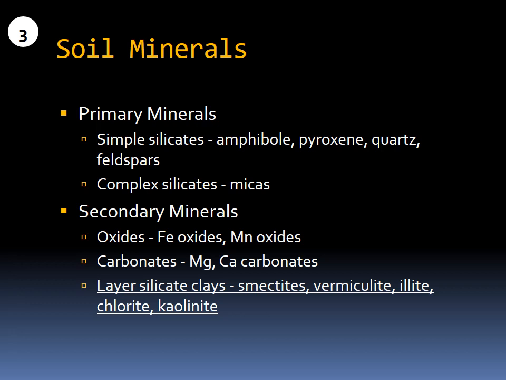But the secondary minerals consist of oxides like iron and manganese oxide, aluminum oxide, carbonates, magnesium and calcium carbonate, and also the clay silicate minerals, including smectite, vermiculite, illite, chlorite, and kaolinite. Now, don't bother yourself with these. We're going to learn more about these types of silicates, clays, in the coming lectures.